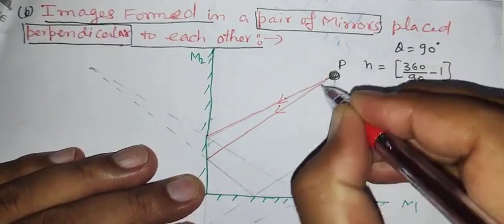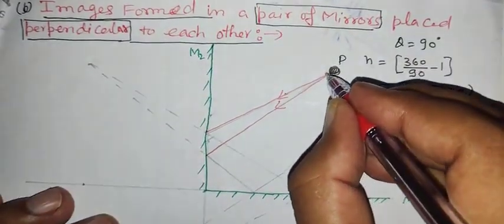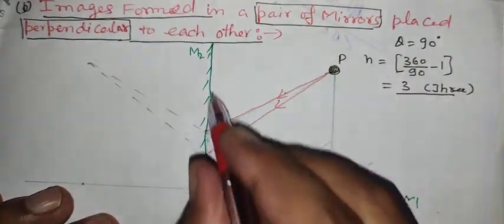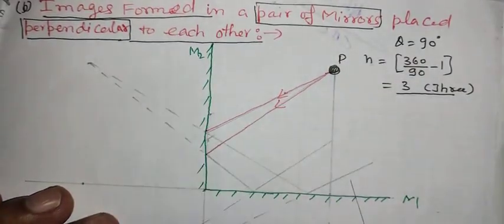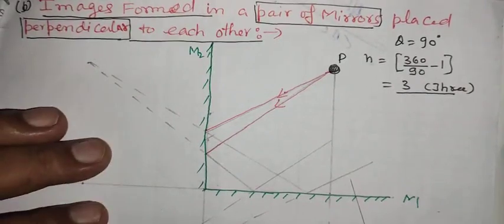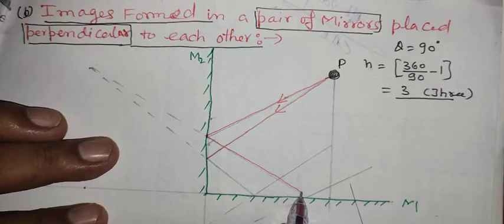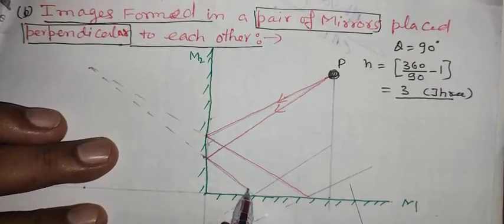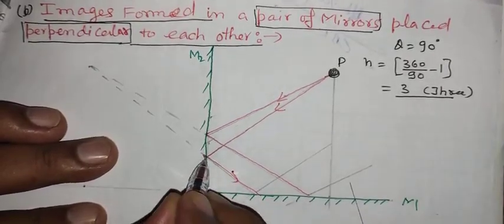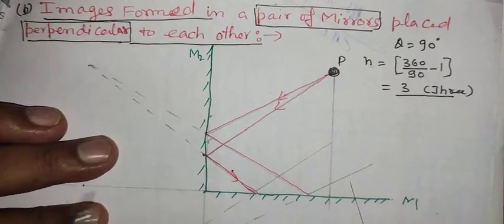The arrow represents the beam of light coming from P and falling on mirror M2 first, and after this, it gets reflected.